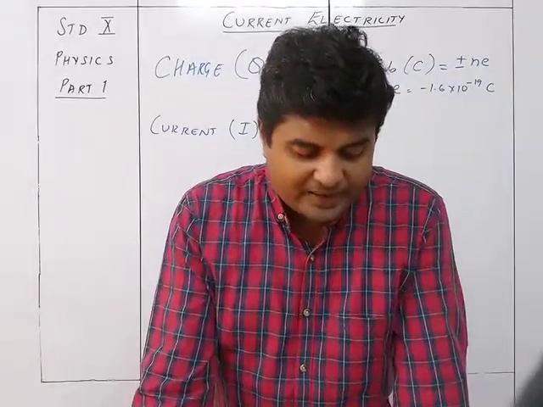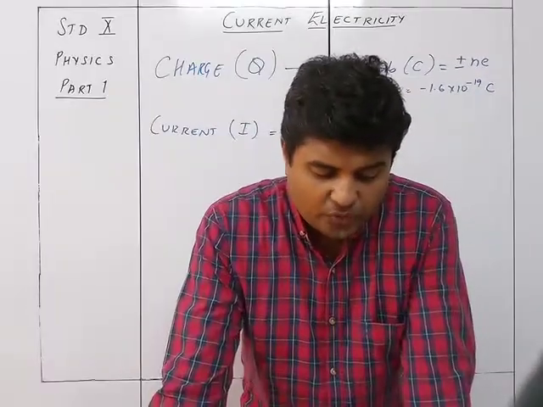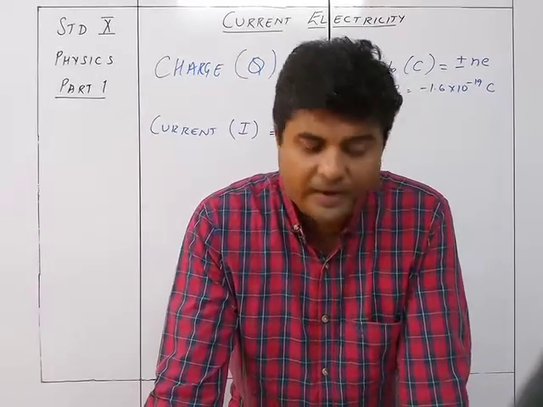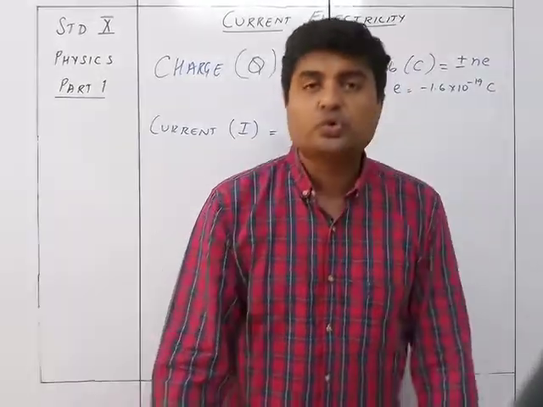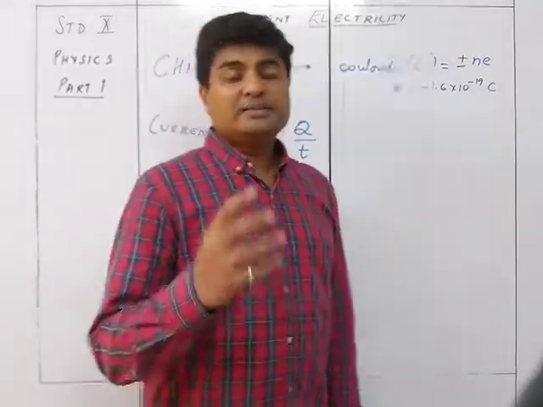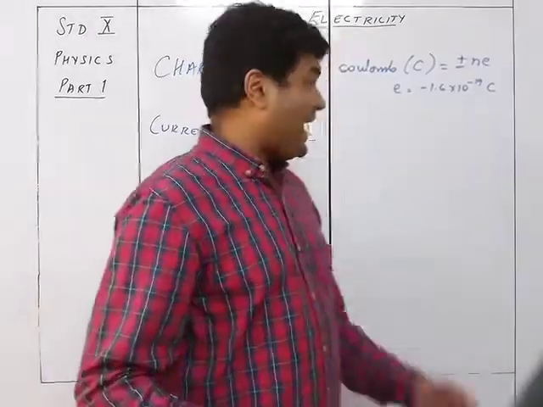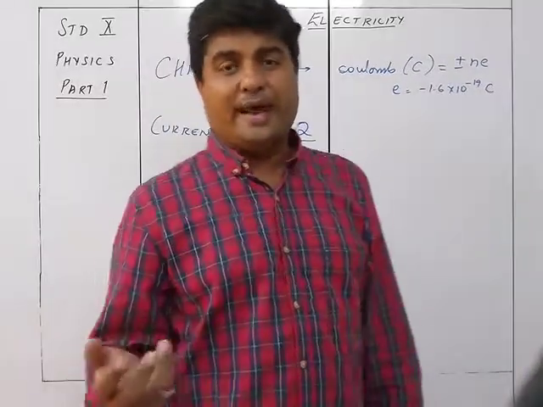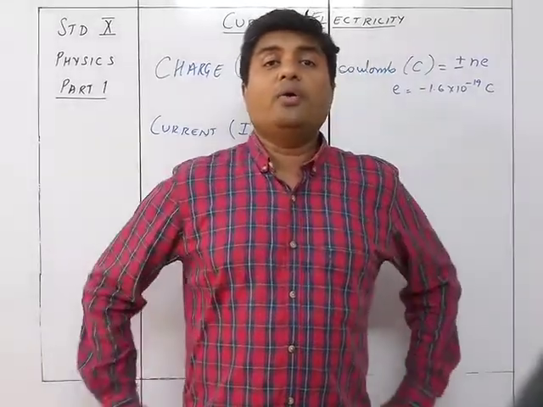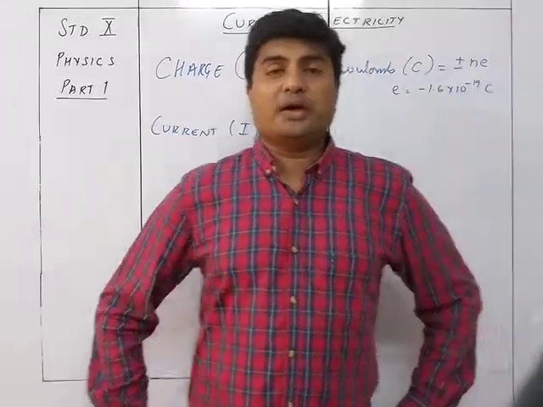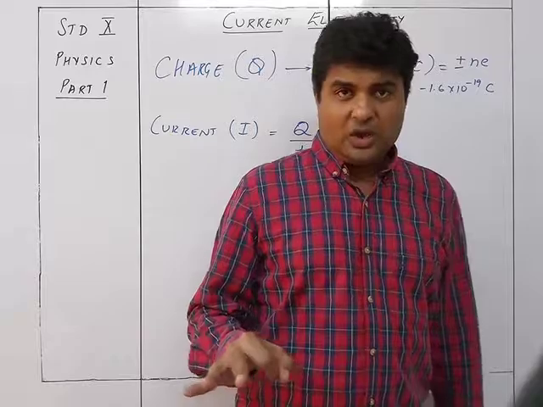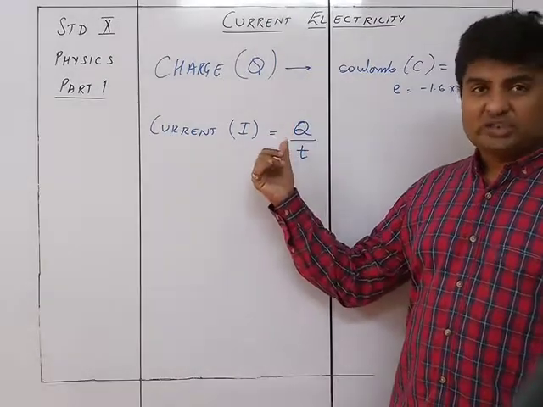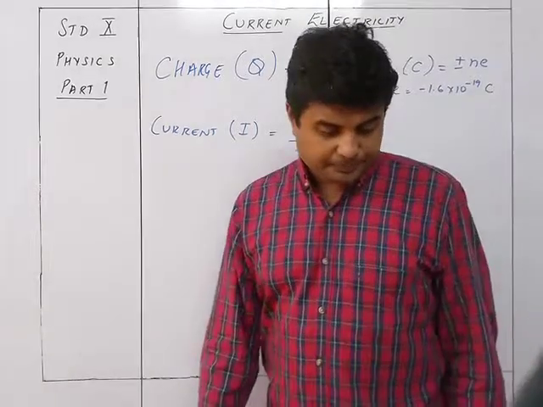It is denoted by the letter I. If the charge Q flows through the cross section of the conductor in time T, then the current I through it is given as I is equal to Q upon T. So this is the formula: I is equal to Q upon T, that is current is equal to charge upon time, that is current will be the amount of charge which is passing through a particular conductor in time T seconds. So that is nothing but rate of flow of charge is nothing but current.